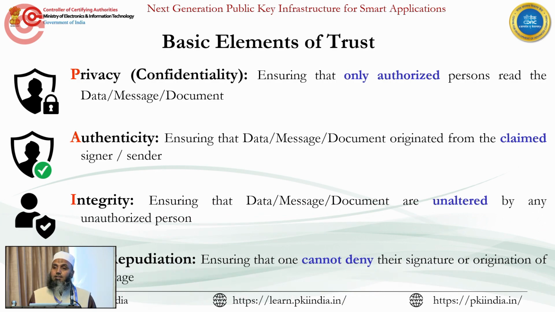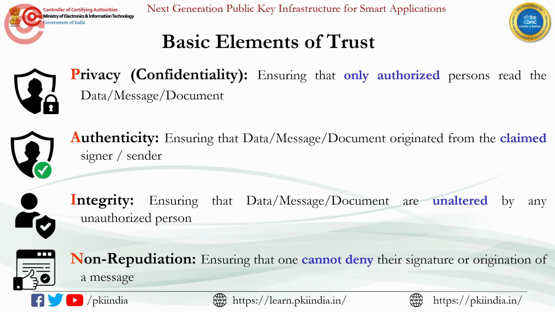When we talk about the elements of trust, we have four properties: privacy, which is also called confidentiality, and then authenticity, integrity, and non-repudiation. With the digital signature, you will be able to achieve authenticity, integrity, and non-repudiation. In fact, if we have an encryption certificate as well, then we will be able to achieve confidentiality too.